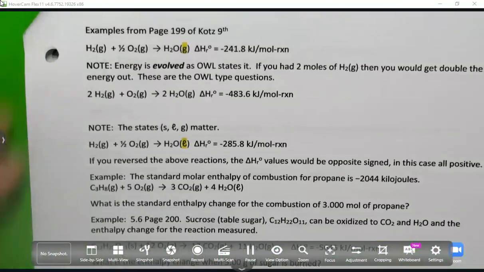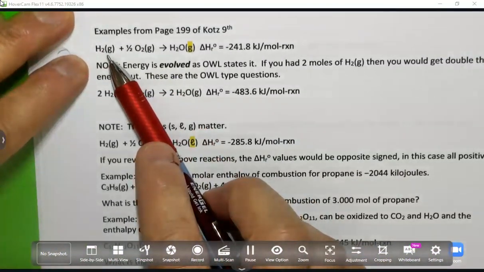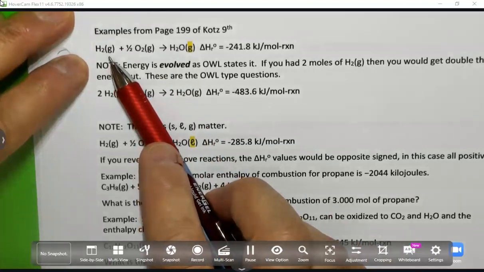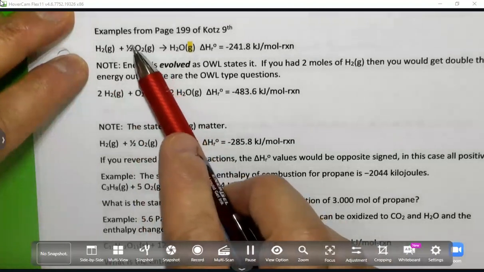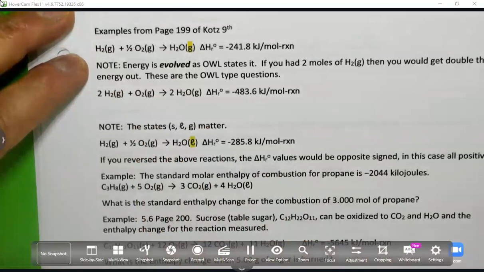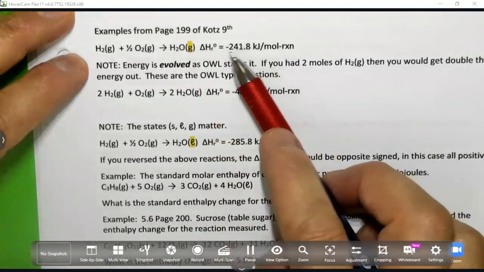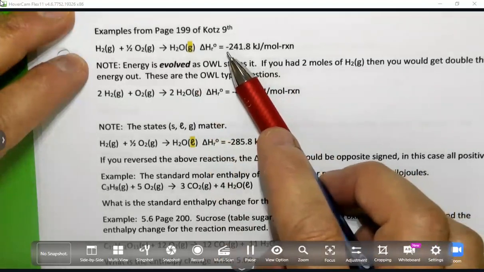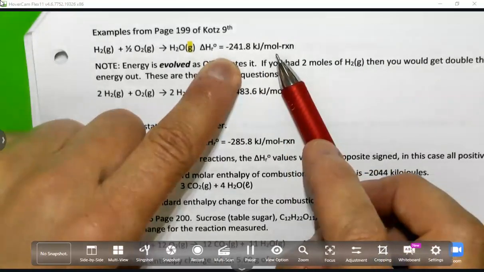So here's our reaction. We've got H2 gas, hydrogen gas, plus some oxygen gas. And notice they balance this with a 1/2. That doesn't happen very often. And we get water. It says that for this reaction, we get negative 241.8 kilojoules per mole.